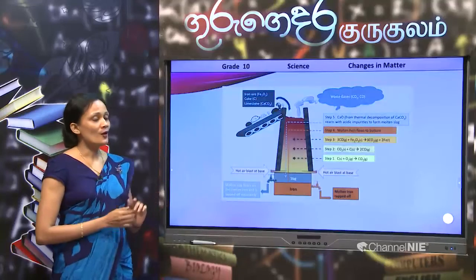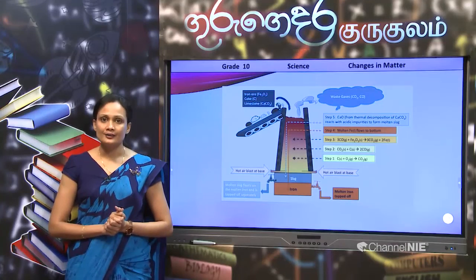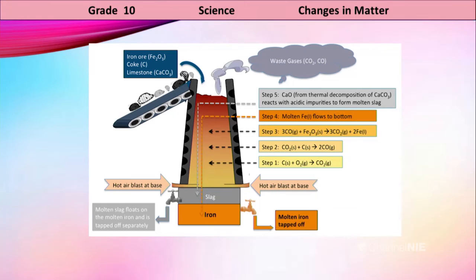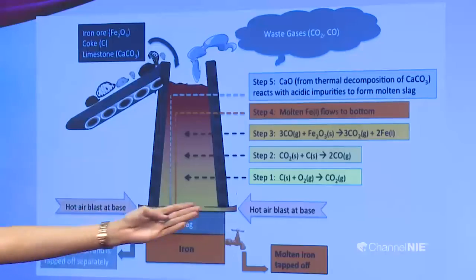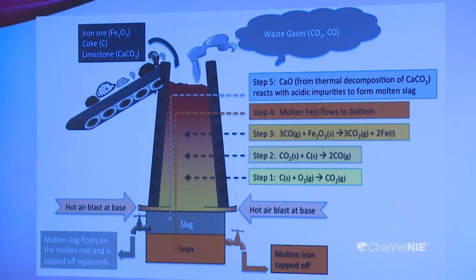Okay, now I am going to summarize the extraction of iron using the blast furnace. Look at this picture. Here at the top of the blast furnace, we insert the raw materials, iron ore, coke and limestone. And at the bottom, we insert the hot air.